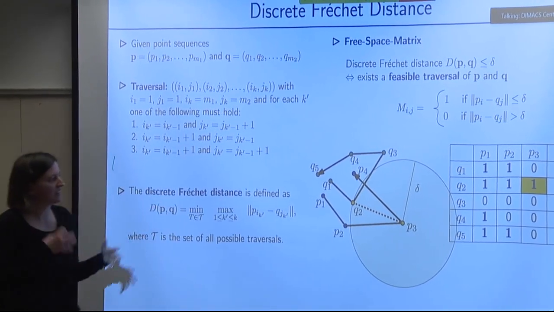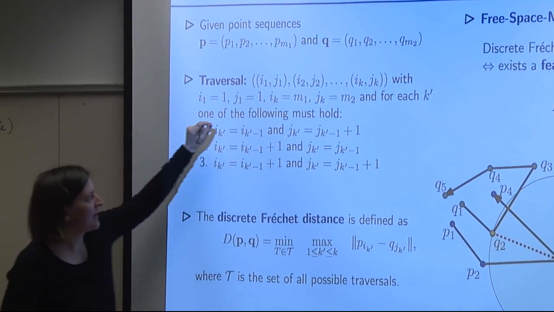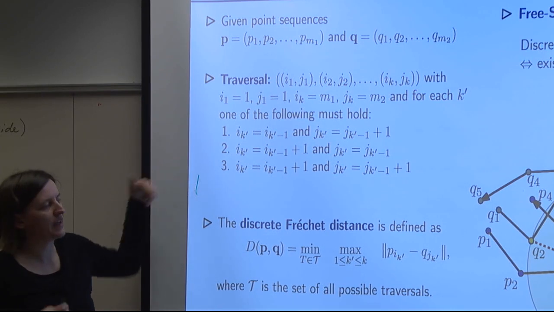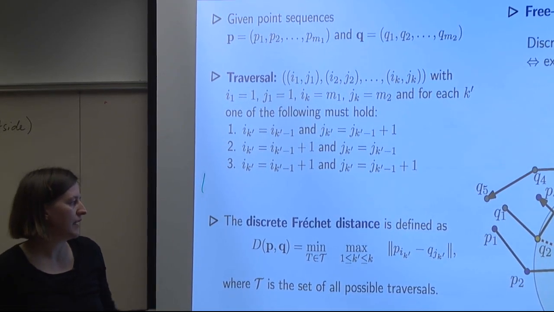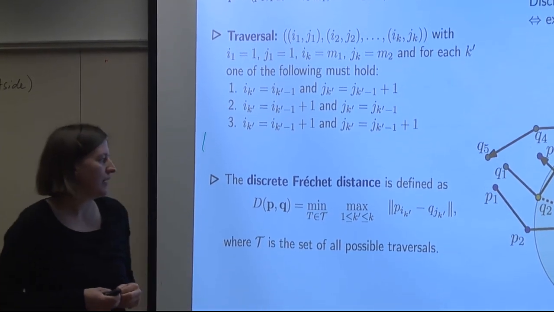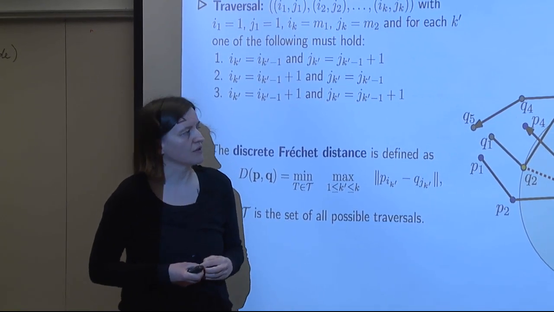M1 and M2 are the lengths of the two sequences, and in between, from one tuple to the next, you can either move by one step on one curve, or by one step on the other curve, or by one step on both of these curves. Then you minimize over all possible traversals, and in each traversal you measure the maximum distance along the traversal.